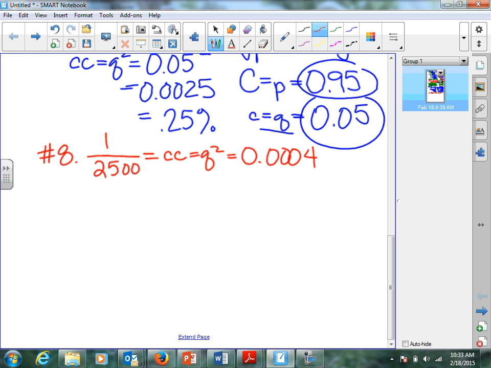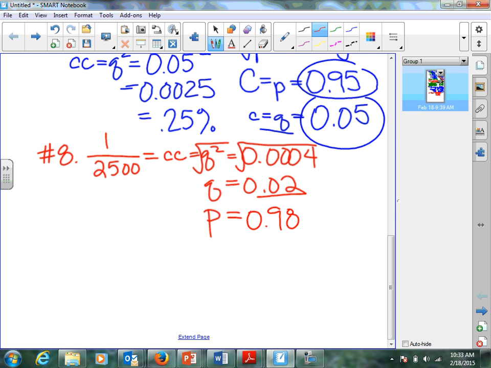And if I know q squared, I can take the square root of both sides and figure out that q equals 0.02. And if I know q, then I can figure out p, which is the dominant allele, by taking 1 minus 0.02, which gives me 0.98.